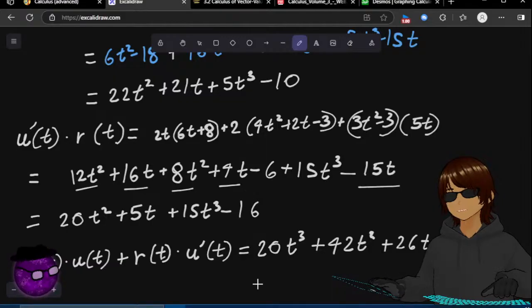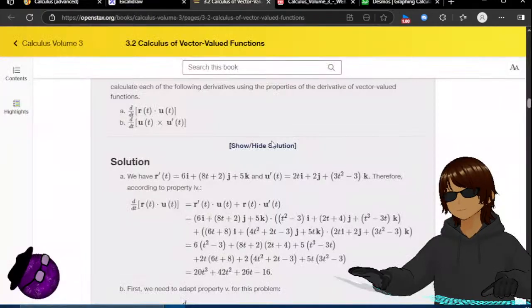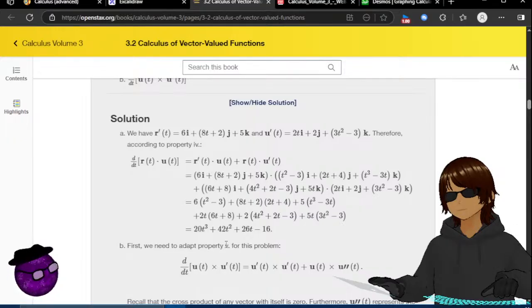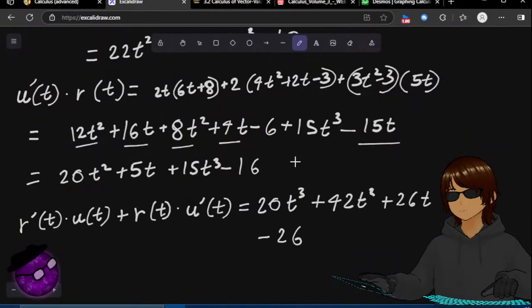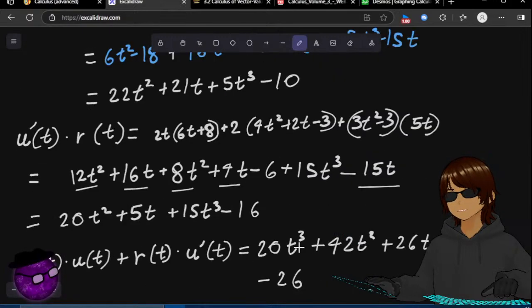And then minus 26. Let's see. 20, 42, 26 minus 16. I minus 15. Whoops. No, it's still minus 26.